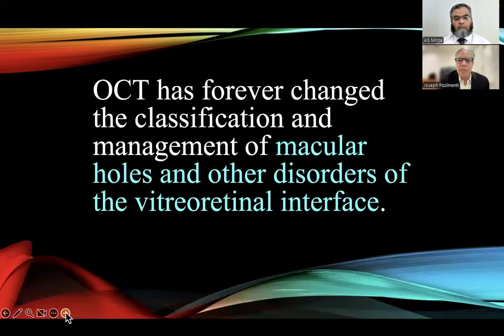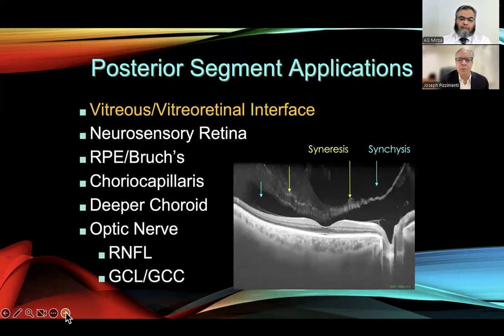And so OCT has forever changed the classification and management of disorders of the vitreoretinal interface. If there's one area in retina where it has really revolutionized care, it is in the area of macular holes, epiretinal membranes, vitreomacular traction syndrome.